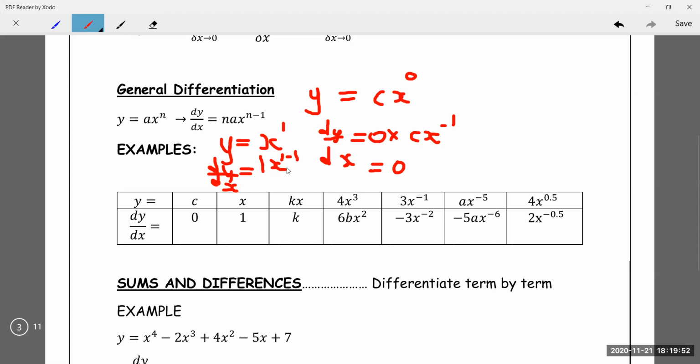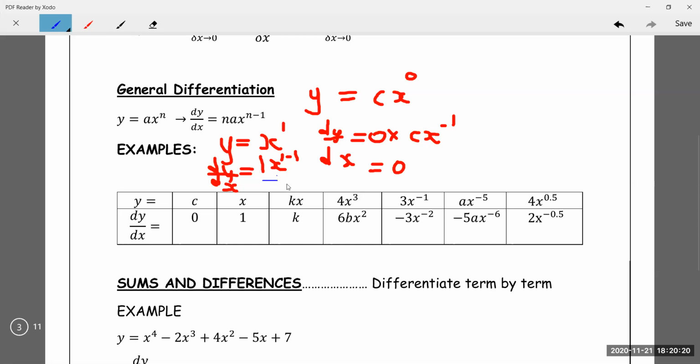But 1 minus 1 is what? 0. And x to the 0 is 1.